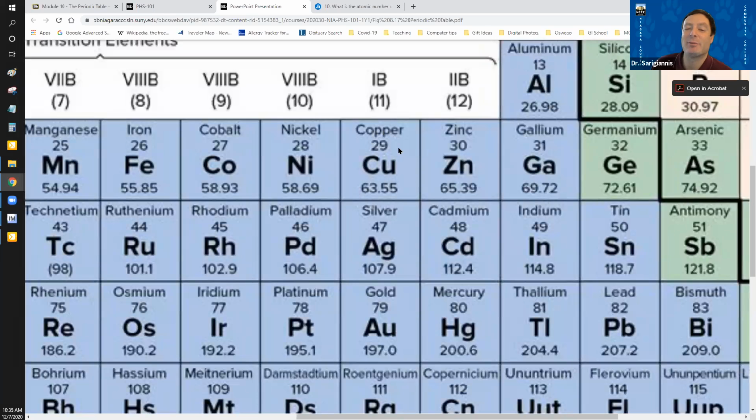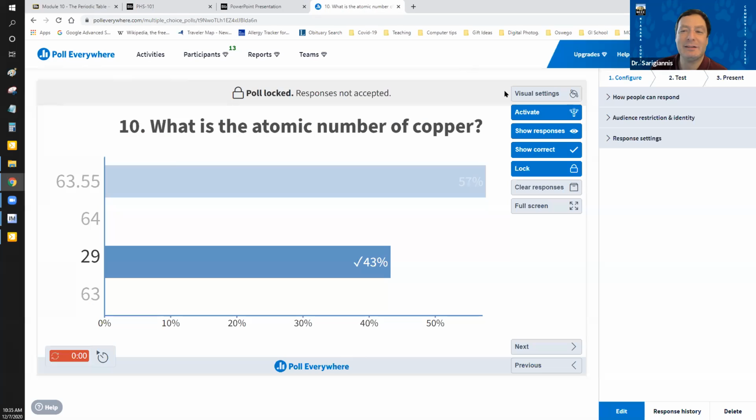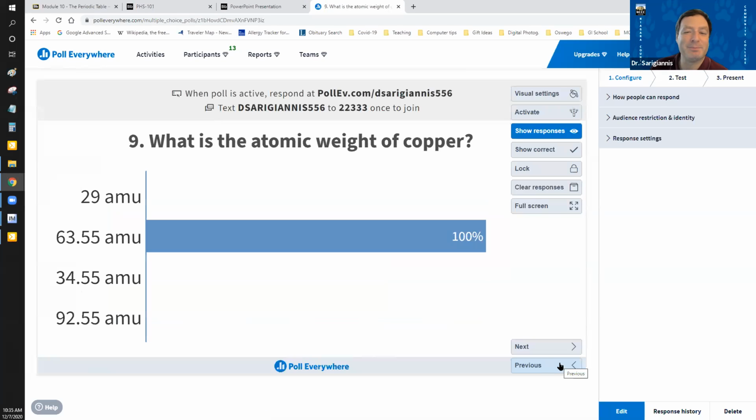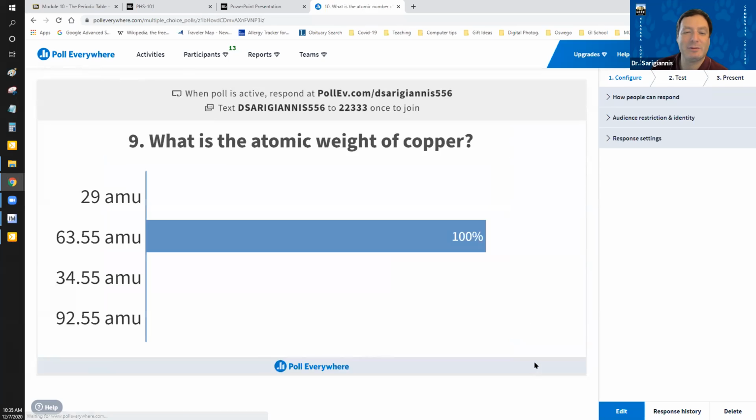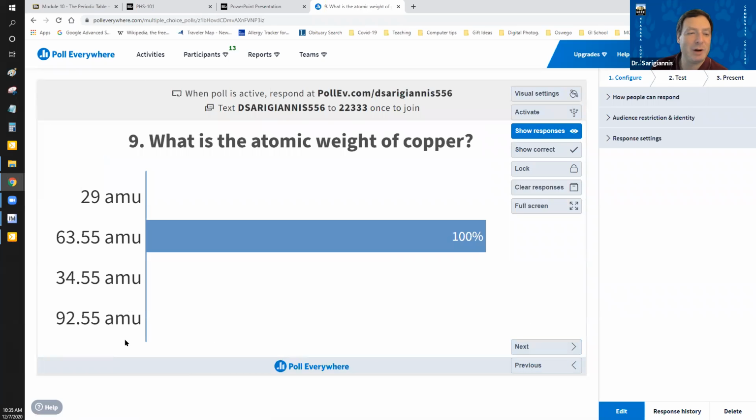So the atomic number is 29. The atomic weight is 63.55. I'm just going to lump these two together. Wait a minute, did I change questions on you guys? No, doesn't look like I did.